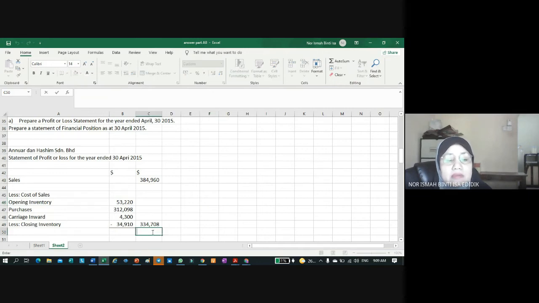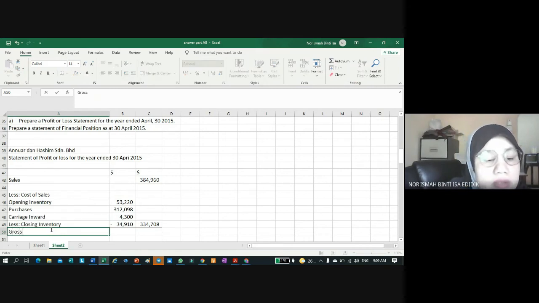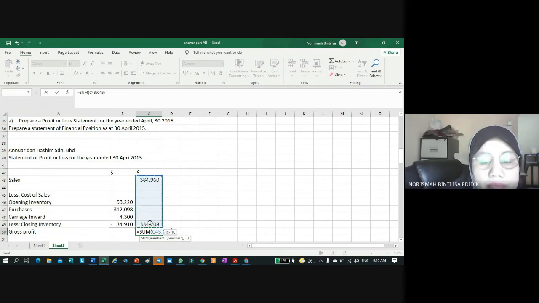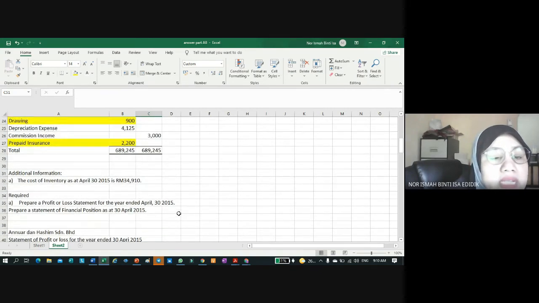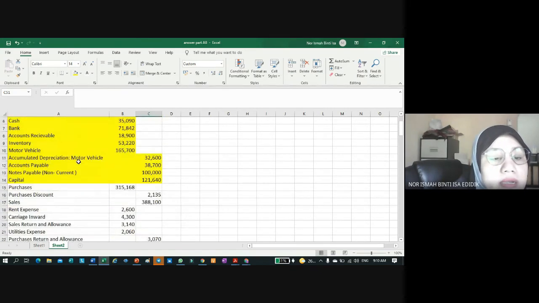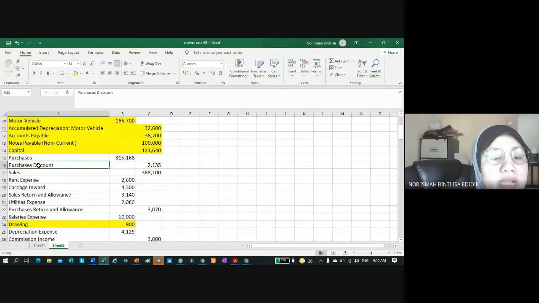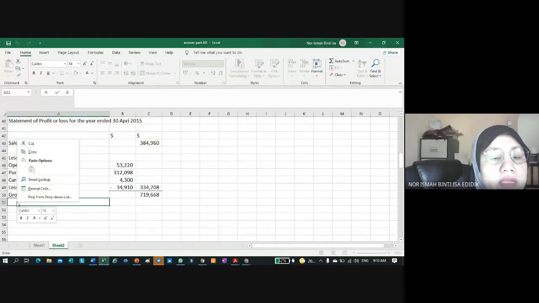Kamu kira lah pakai kalkulator kamu. So we get the gross profit here. So the gross profit, you add this one. So ada operating income dekat sini. Ada ya, purchase discount. Letak sini.